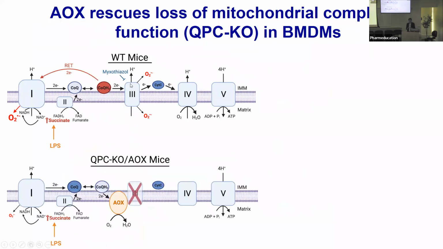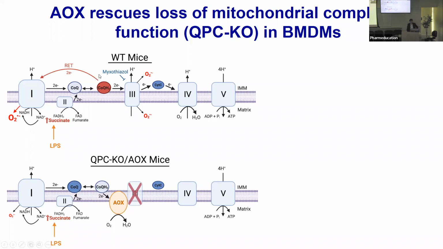But now we can do some fancy little tricks. We've generated conditional knockouts of mitochondrial complex 3. These are the QPC allele, just another subunit of complex 3. That will get rid of the endogenous mitochondrial complex 3. We use SFTPC-Cre. But like NDI1, there is a rescue, and the rescue is something called AOX.